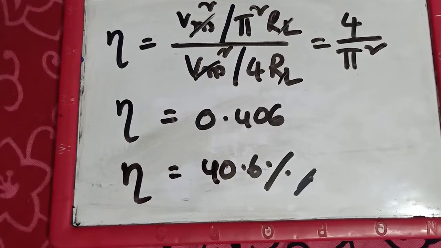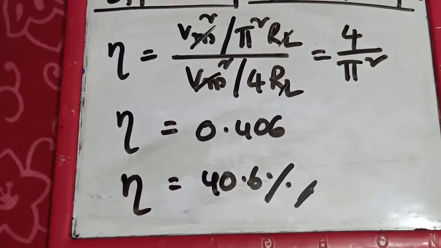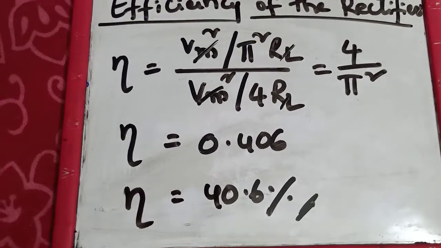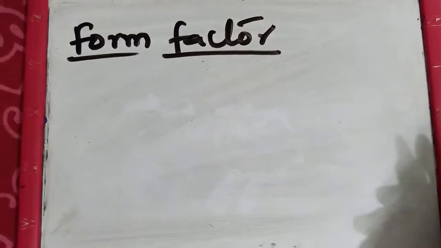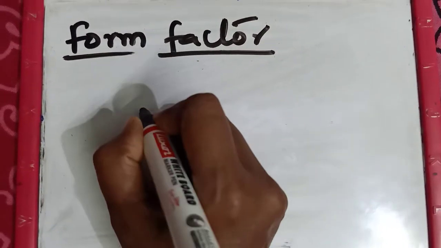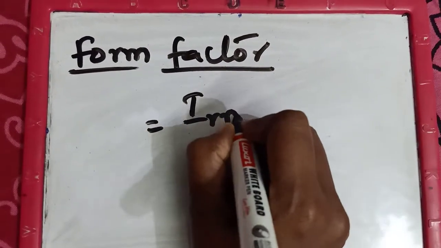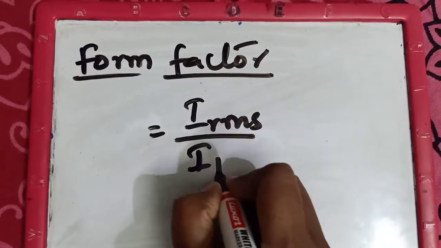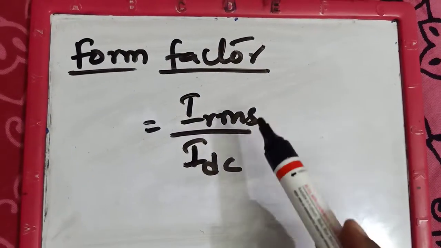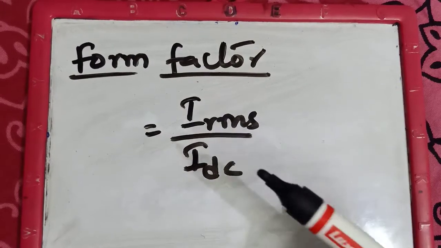From these equations, we can calculate the form factor as well as the ripple factor. We'll check those also. Form factor for a half-wave rectifier is the ratio of IRMS to IDC. This is the ratio of the RMS value of current to the average value of current, the IDC value.